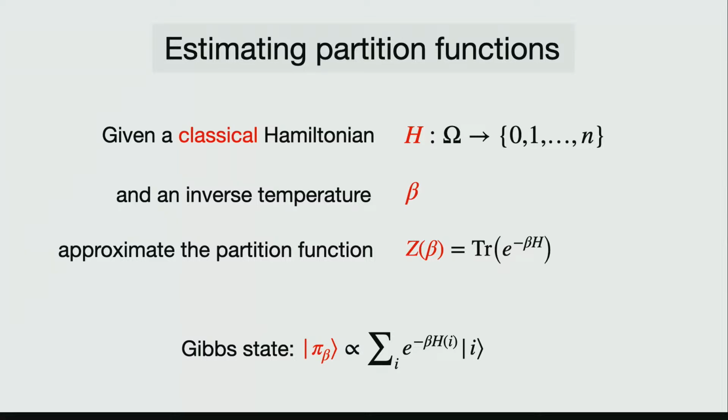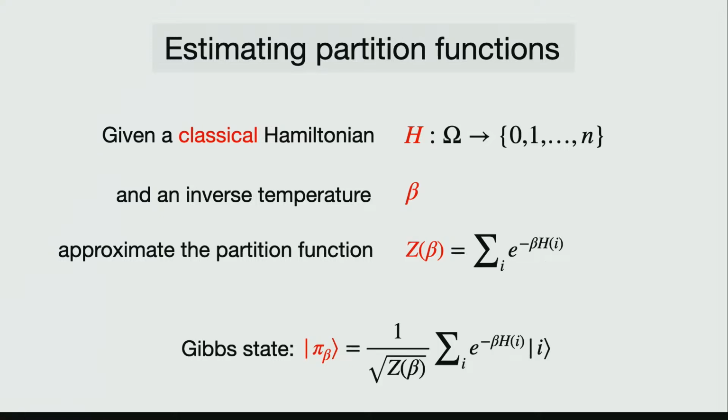And you can connect the Gibbs state to the partition function in a very simple way because the partition function is a summation over all the probabilities that characterize the Gibbs state. In fact, the partition function is just the normalization factor in the definition of the Gibbs distribution.